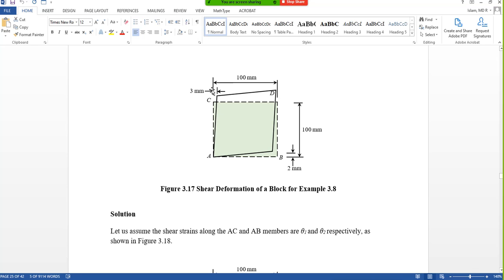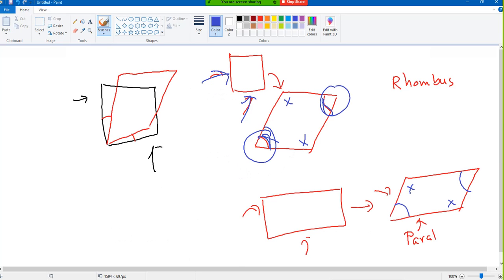Now, how to find it here? We will find the angle here. How to find the angle? This side 3 millimeter divided by this, and the other is 2 divided by this. This is 100. So my answer will be one side is 3 divided by 100, the other side is 2 divided by 100.